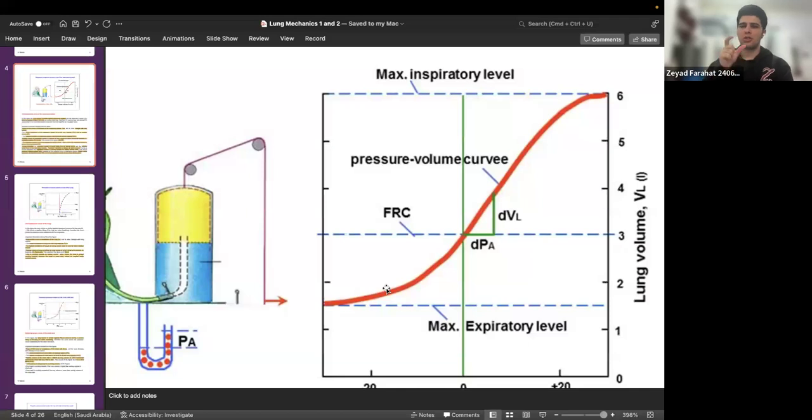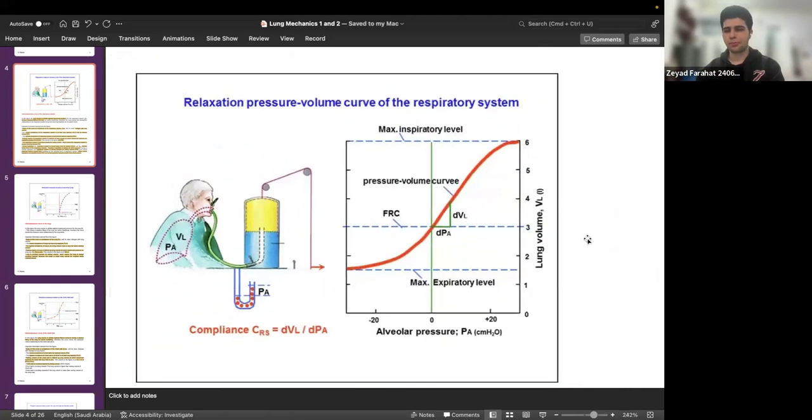Inspiration is just a tiny bit that's actually done, and then the expiration is done passively and not excessively. So this extra part from FRC down to RV, this is why we call it an expiratory reserve, because this does not normally happen, and it's not physiological. When you're doing that, it's not the normal state of the patient.